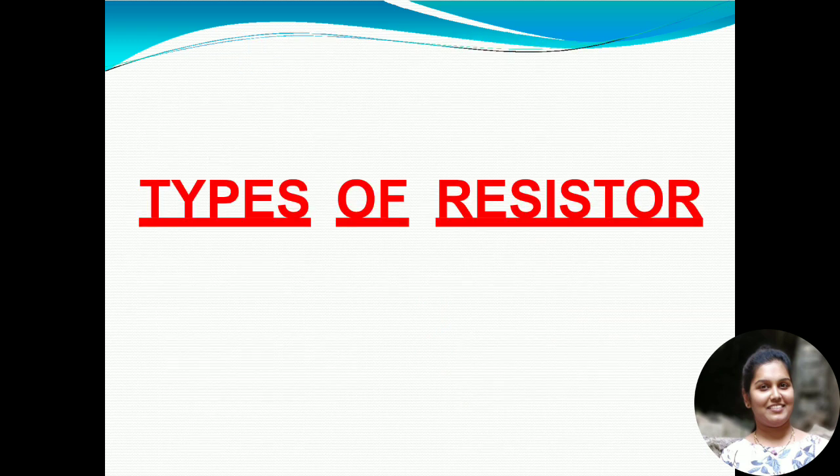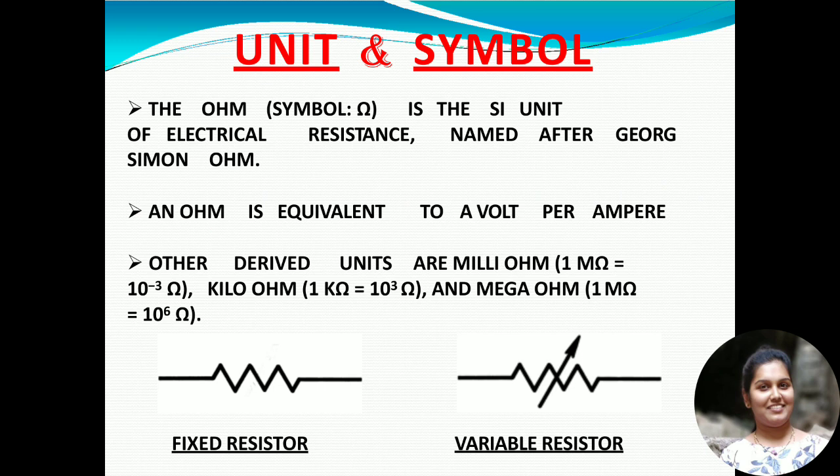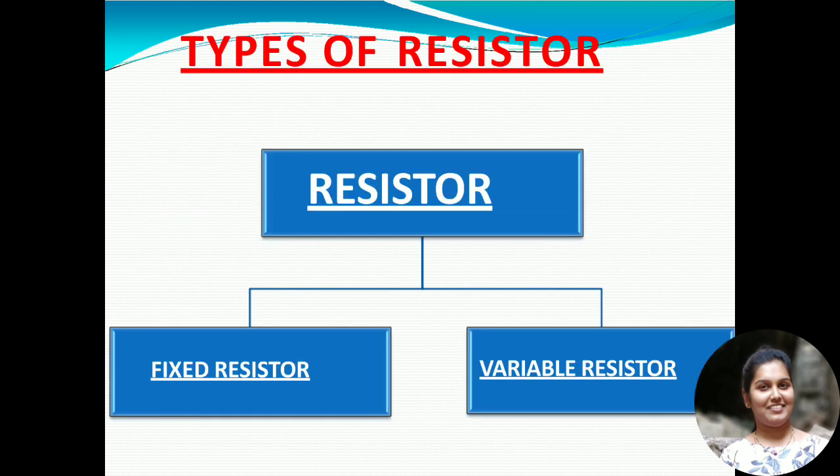Okay, as of now I have told you that we have two different types of resistors. Before going into the other points, we'll first see what the different types of resistors available are.